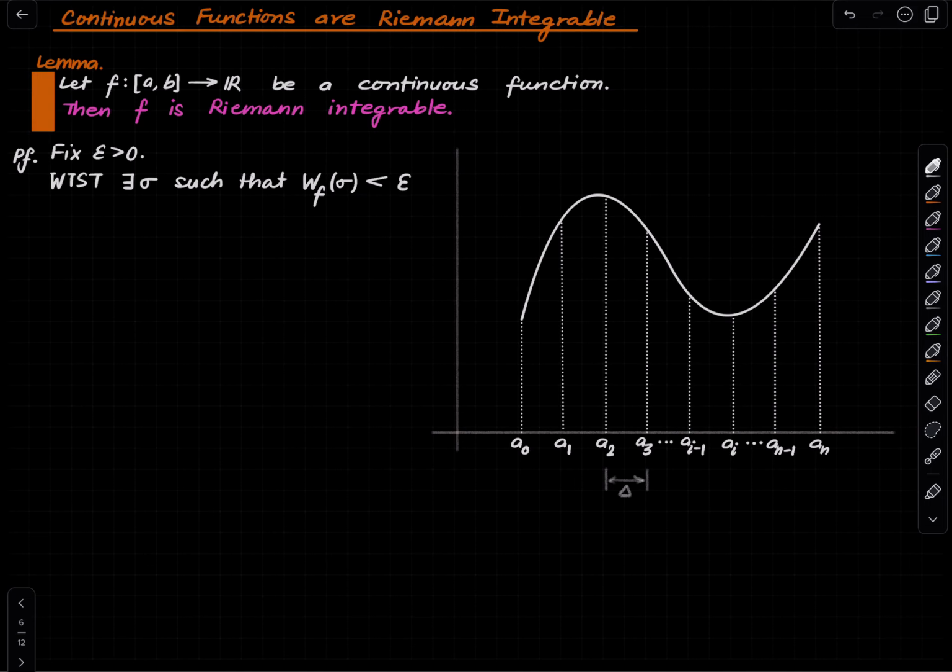So this is what we want to do. And the kind of sigma that we will build, the most convenient one, would be the one where all parts have equal lengths.